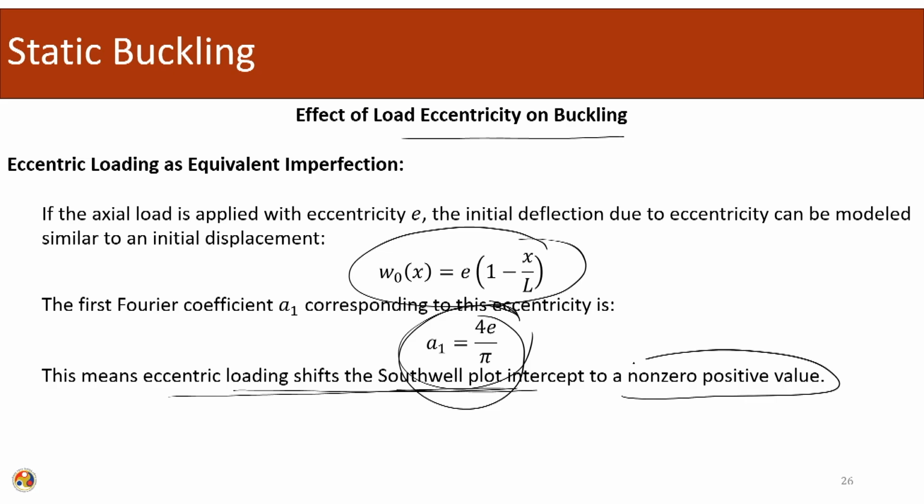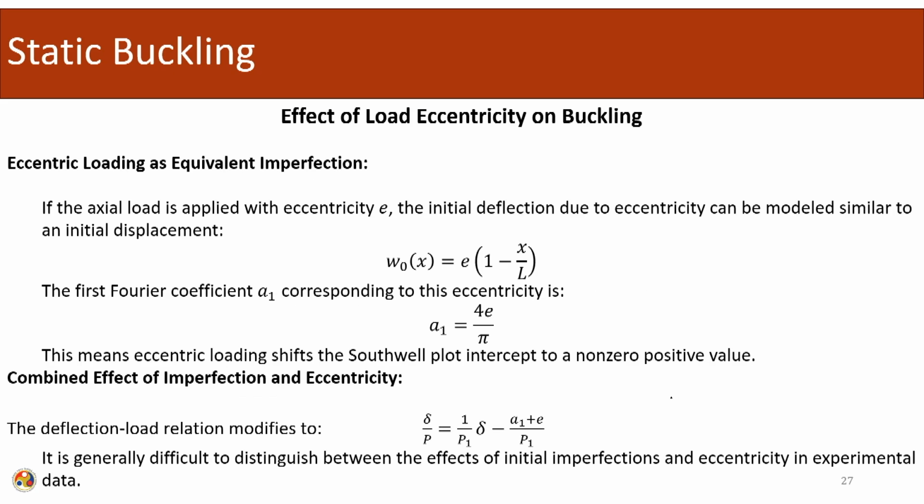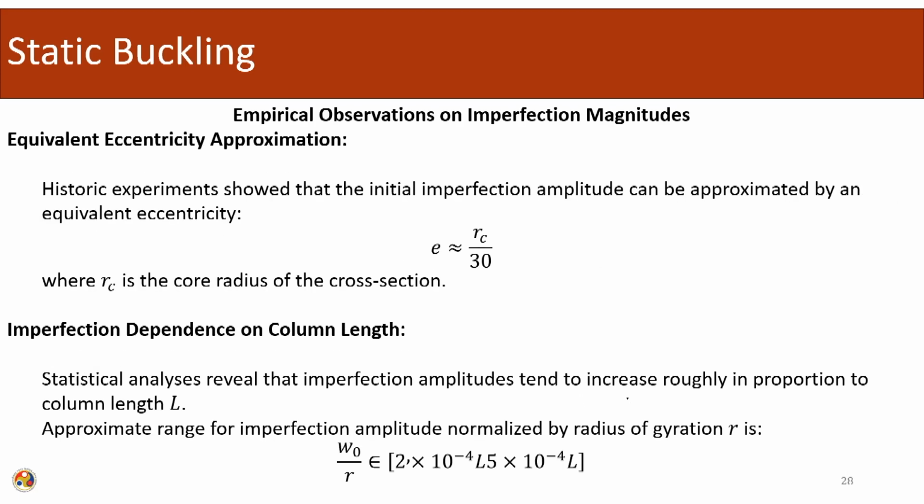So it is having a non-zero positive value. We evaluated the effect of the load eccentricity, and we did an empirical approximation to get the value of the eccentricity. So we denoted this using the core radius of the cross section.